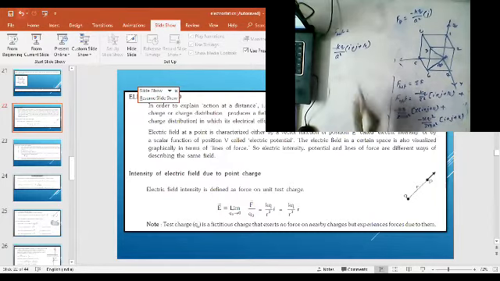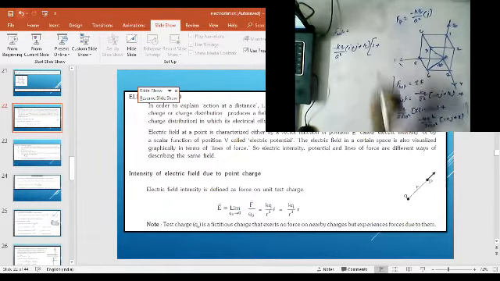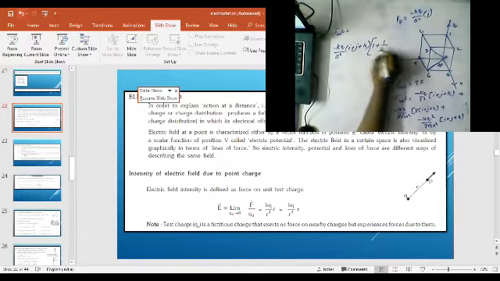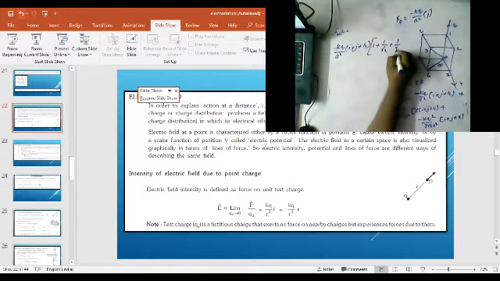These terms are outside. Now what we are left with: it is only 1, and here it is 1 by root 2, because kq by a square we took out, and plus we have here 1 by 3 root 3.